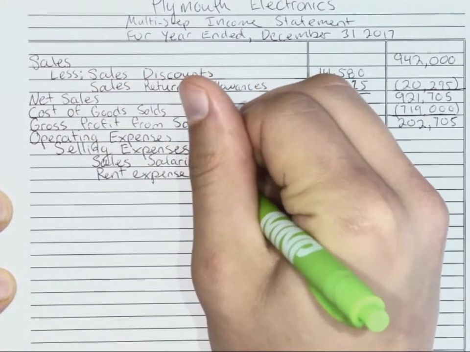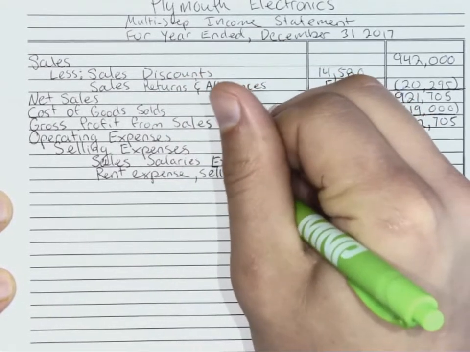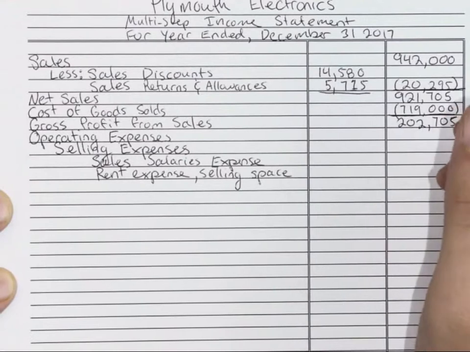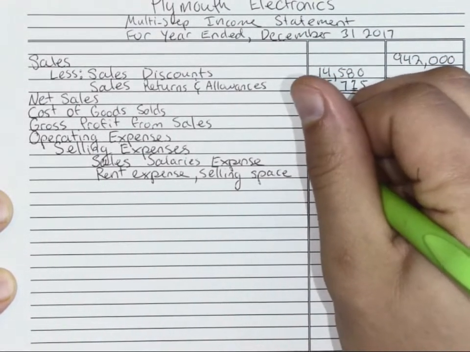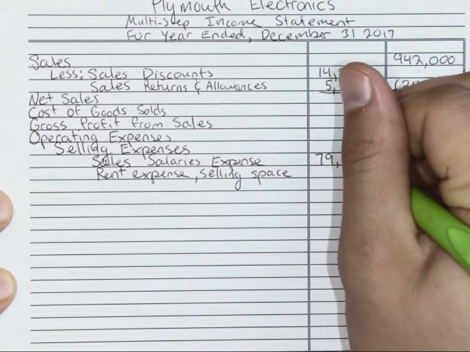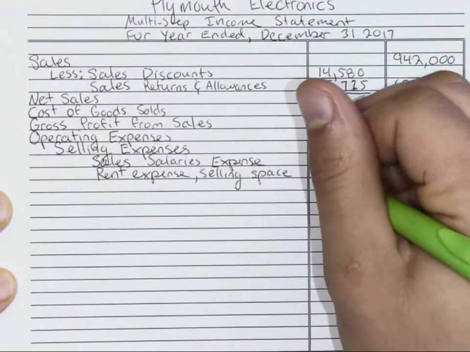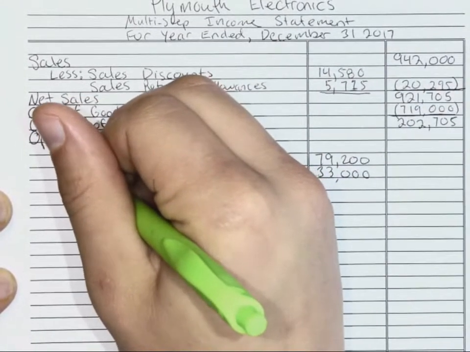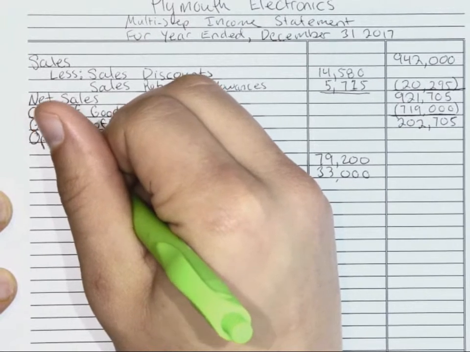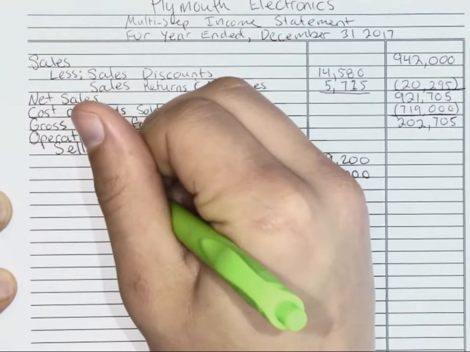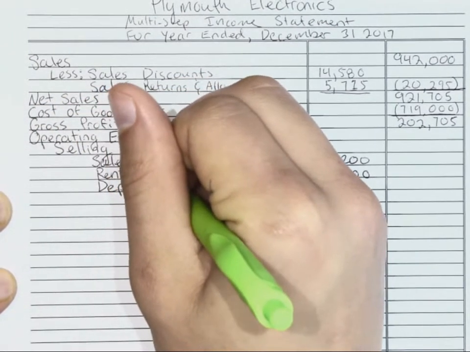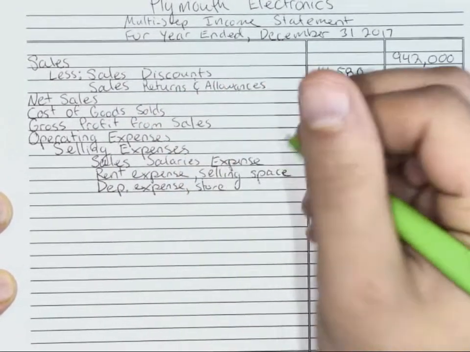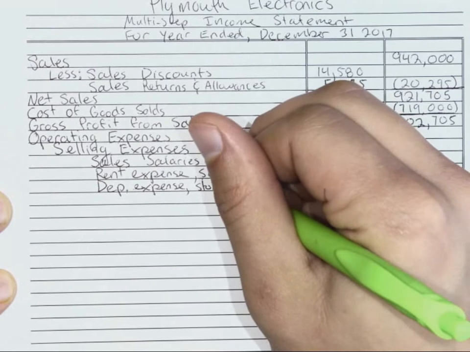Selling space. Depreciation expense, store equipment. Store supplies expense.